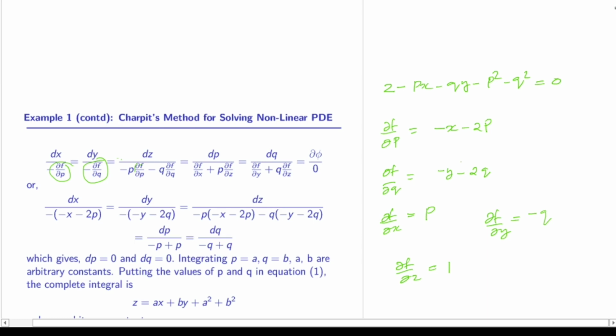So then what we need to do is substitute all these partial derivatives that we have found into the auxiliary equation.